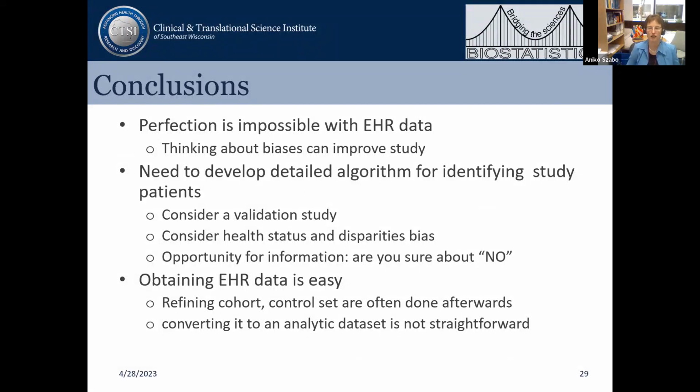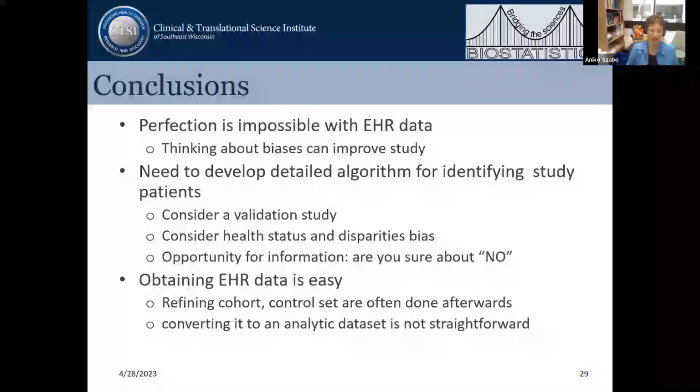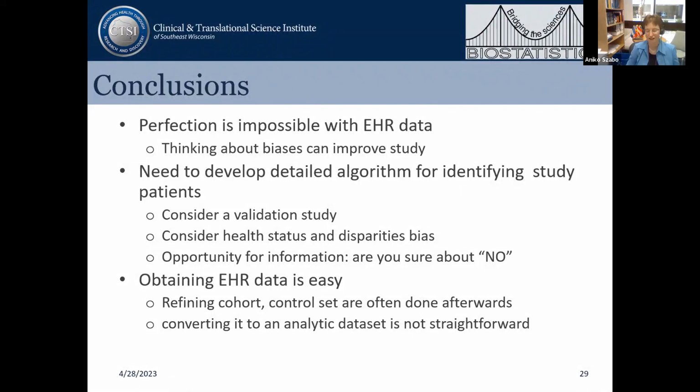But you really want to think about it, and I think you can reduce biases by considering what makes things pop up in the data: who is more likely to show up, who is less likely to show up, and so on. Whenever you want to get a cohort, you need to develop a detailed algorithm, and it is hard. Any new piece of information you want needs an algorithm.